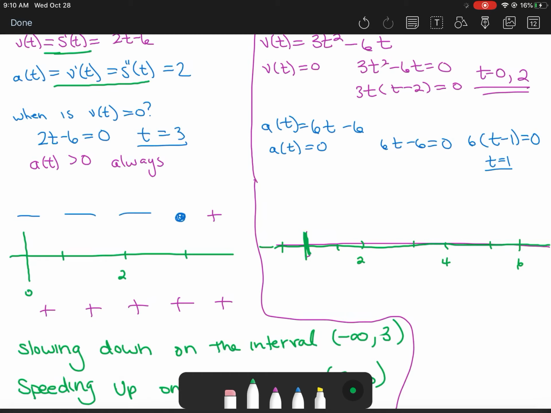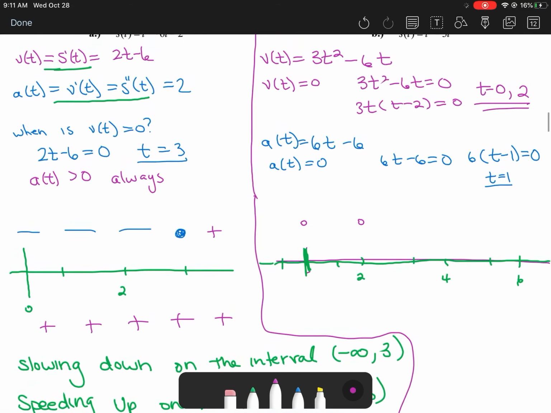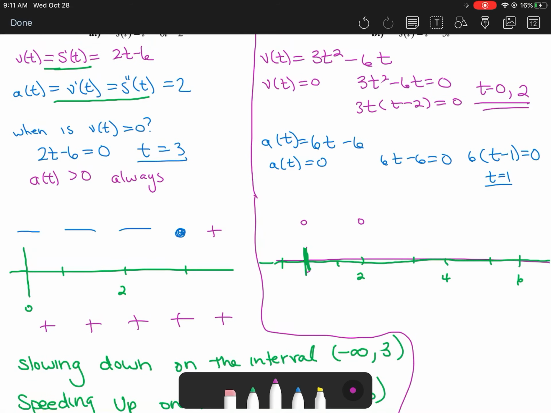So at 0 and at 2, my velocity is 0. Okay, so now I want to figure out the signs. So if I'm going to the left of 0, I need to pick a negative number. So I'll just say I pick -1. Well, if I plug in -1 into this equation here, I'm going to end up getting a negative times a negative.